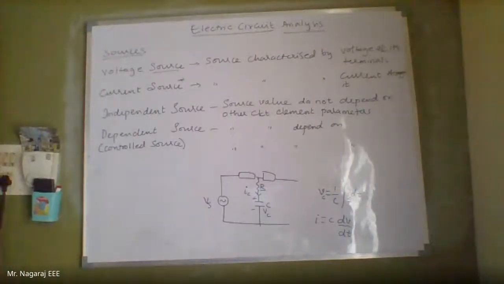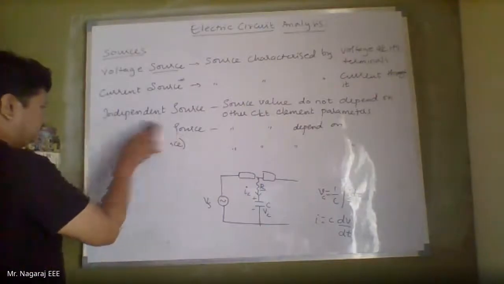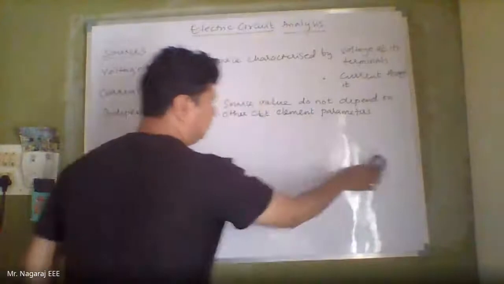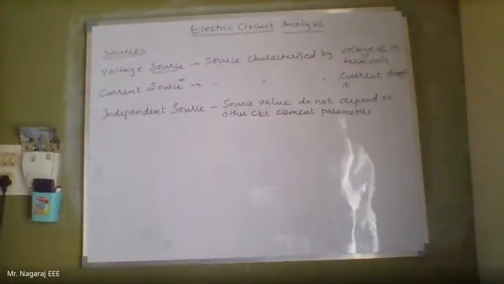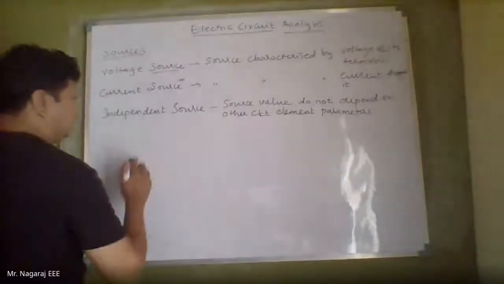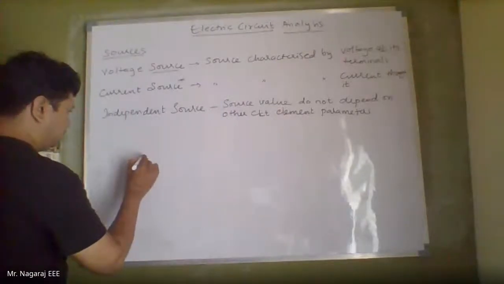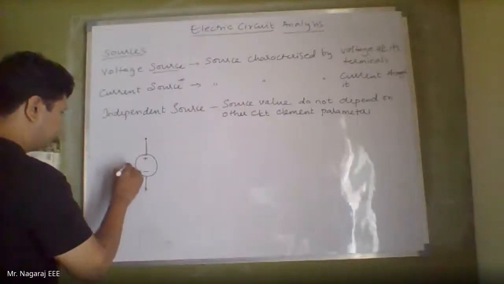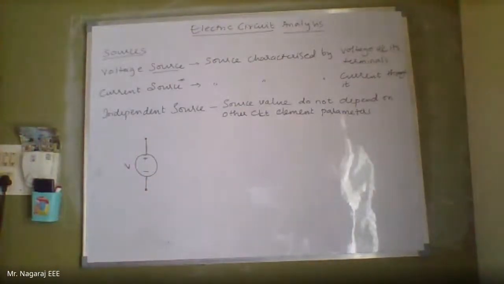So first we will see what independent sources are and how they are shown in the circuit. This is an independent voltage source.